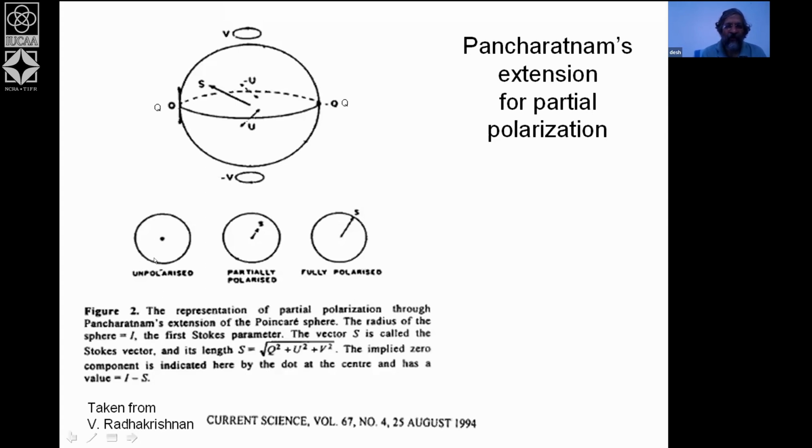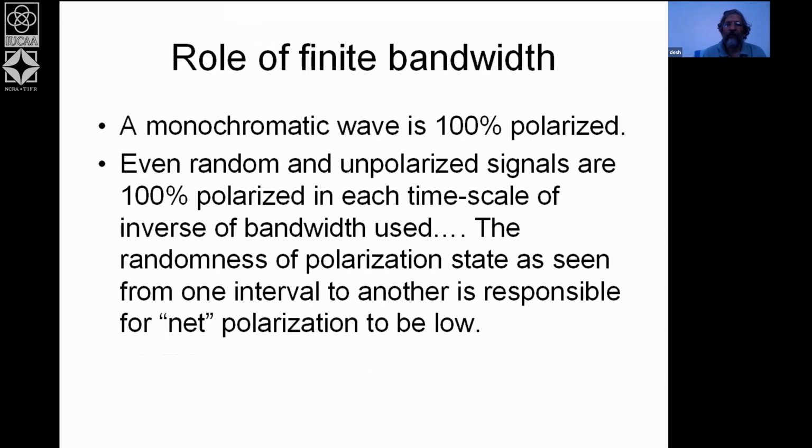So this would be the partially polarized light with some part in the dot, and fully polarized light will be the full extent of the radius. It's difficult to show randomly polarized light as any other component, because its orientation is random by definition, so the net effect is of course going to be a dot, which is what is shown. I will not go into the details of its use, except to mention that such an option exists to visualize partially polarized light using the Poincaré sphere.